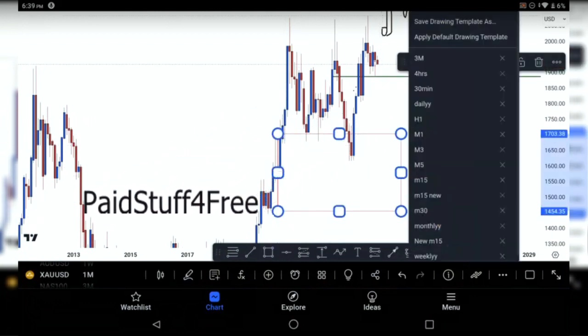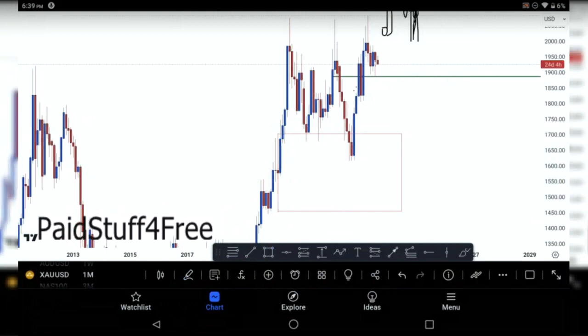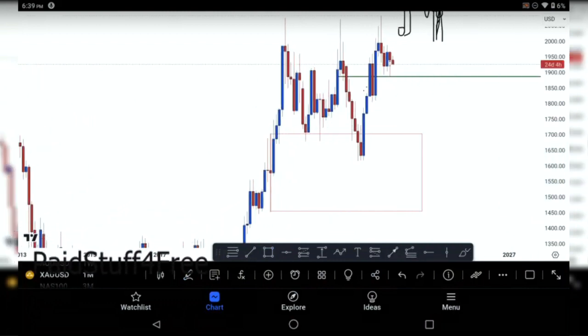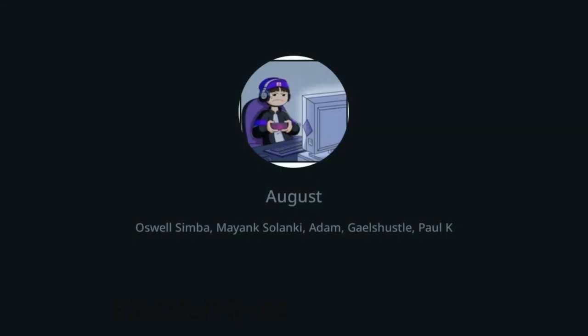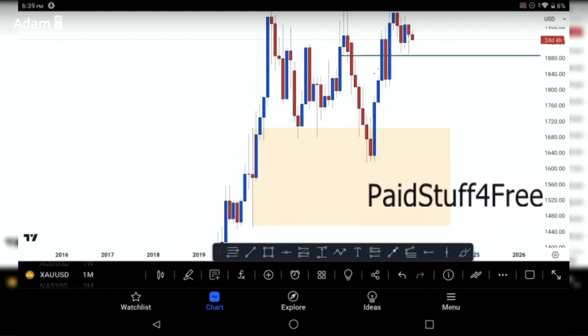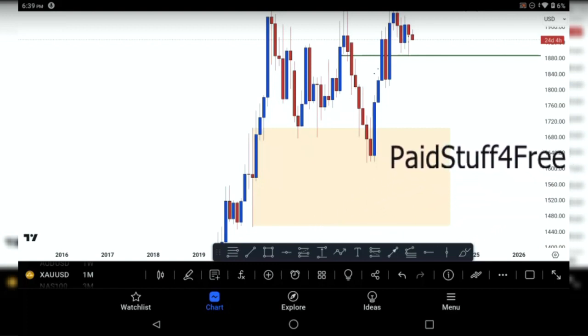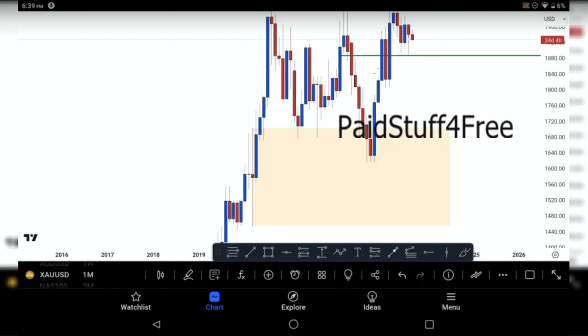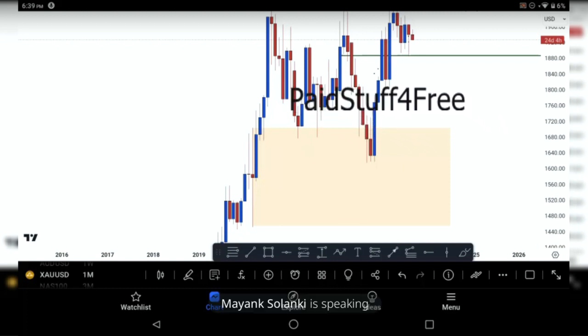Go down. This is the monthly engulfing buy zone. You guys understand? That's the monthly engulfing buy zone.